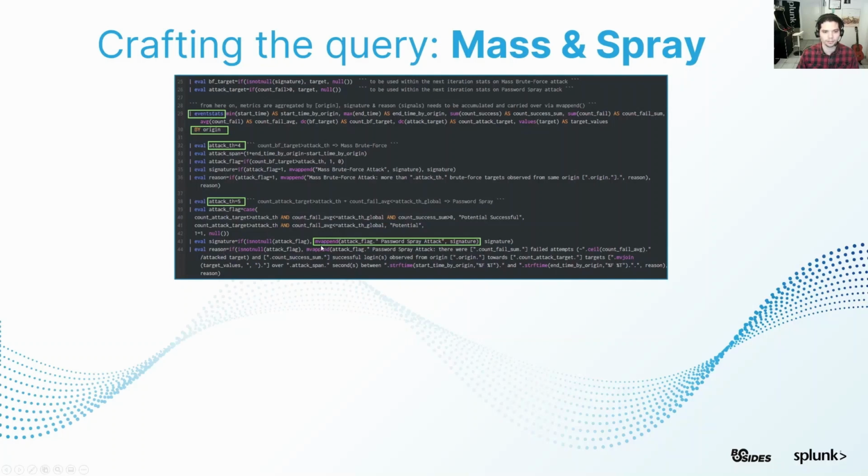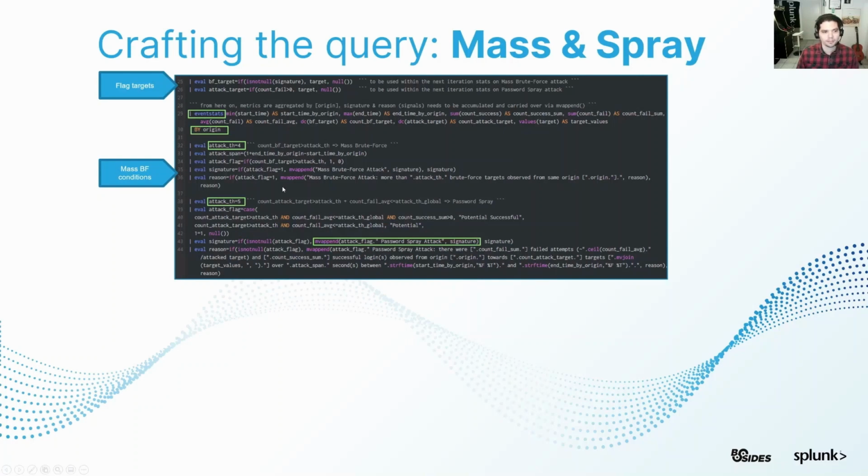For all the signature and reason fields, I'm now using MV append so that I'm able to accumulate different metrics or values per origin or per target. So that's where I flagged the targets. What is considered a brute force target? What is considered an actual attack target? These are variables that I'm going to use afterwards.